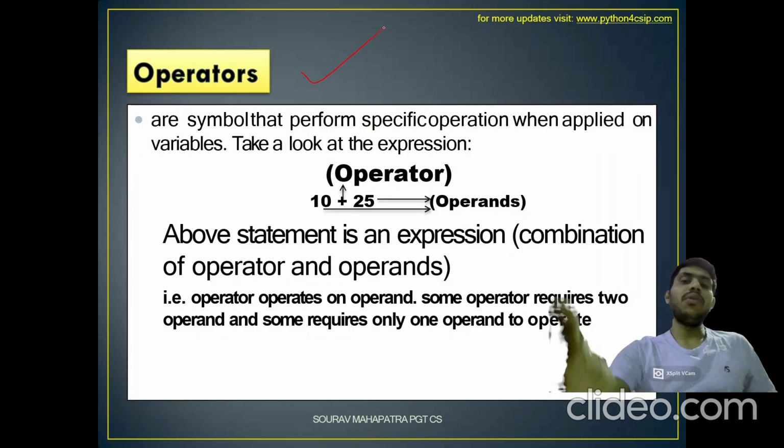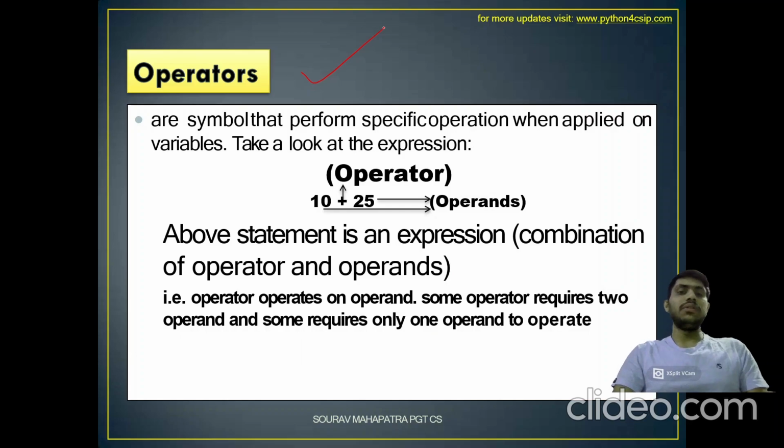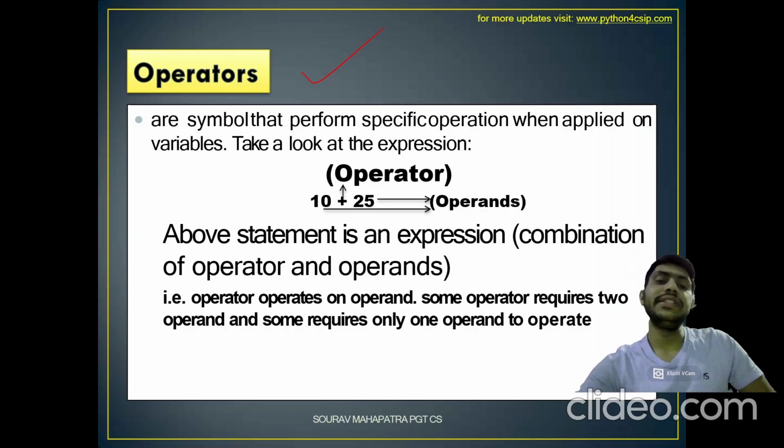Then we start our new concept today, operators. So what are operators? An operator performs some specific operation when it is applied on variables. In an operator, two things you have to keep in mind.